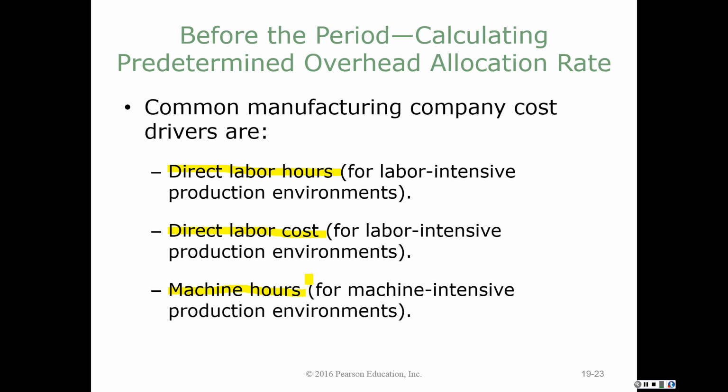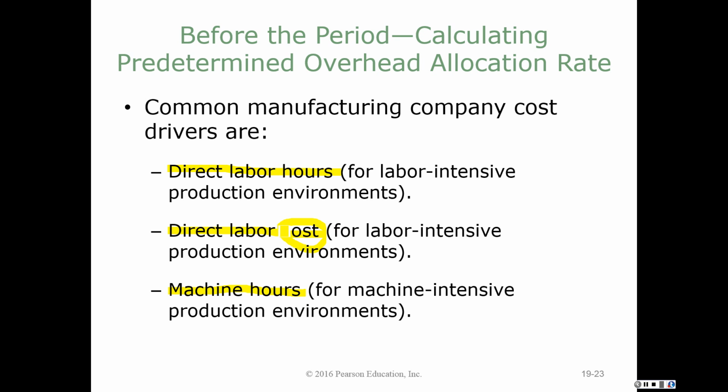So for example, if we're a very labor intensive organization, then I could simply say on my Smart Touch tablets, for every hour that someone is working, they're causing a machine to run, they're causing me to use utilities. Or I could say not just their hours, maybe the direct labor cost is more important.